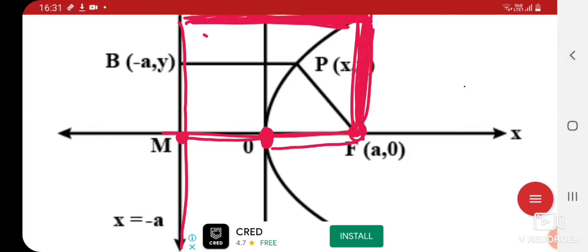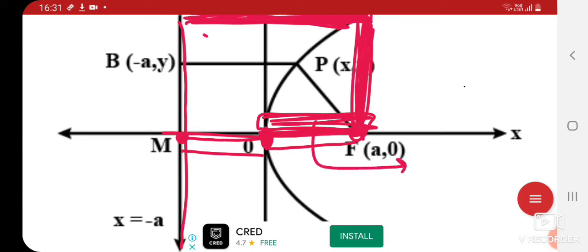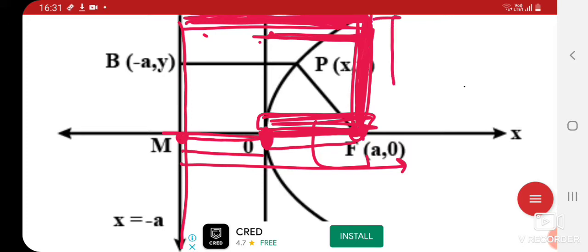Now as you know that this distance is equal to this distance, if you need to find this distance, then it will be half of this whole distance. Why? Because this line is equal to this line. Is that clear?